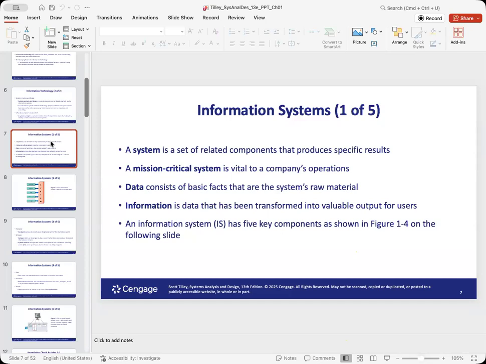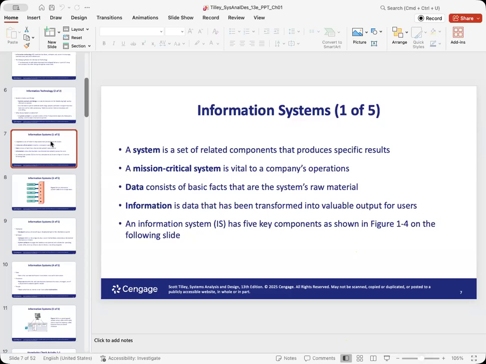Data is raw facts, which are yet to be processed into meaningful information. And that leads us to information. Information is data that has been processed. So we have basically used one stone to kill two birds, to understand data and also to understand information.